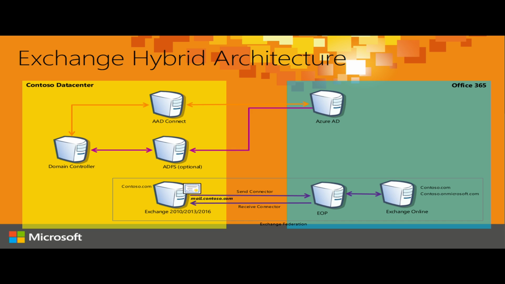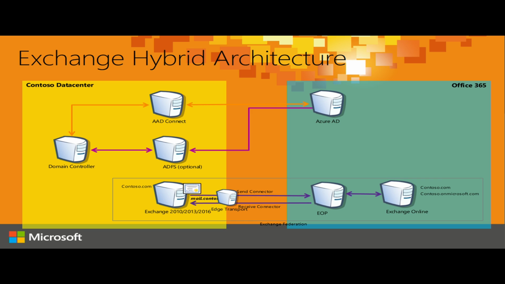And then we've got our send and receive connectors. Some customers would have an edge transport role as well. So aside from our standard Hub Transport, Client Access, and Mailbox roles in 2010, we've got the edge transport role as well.